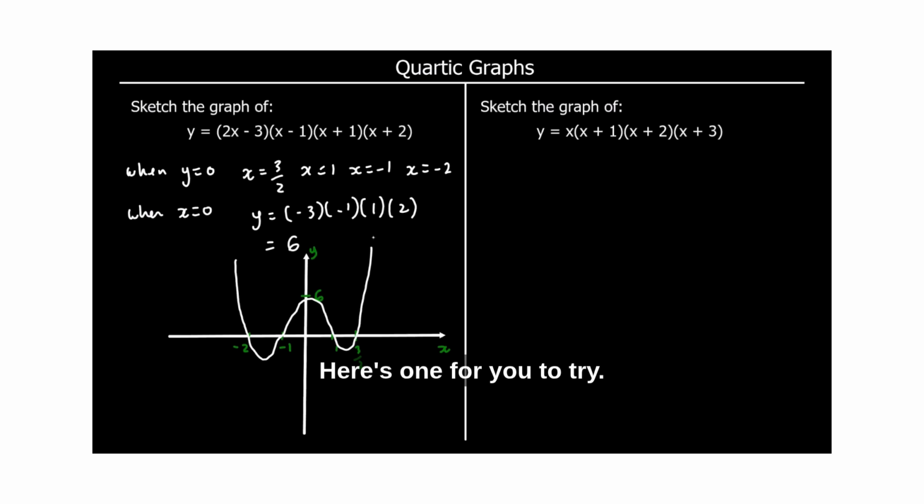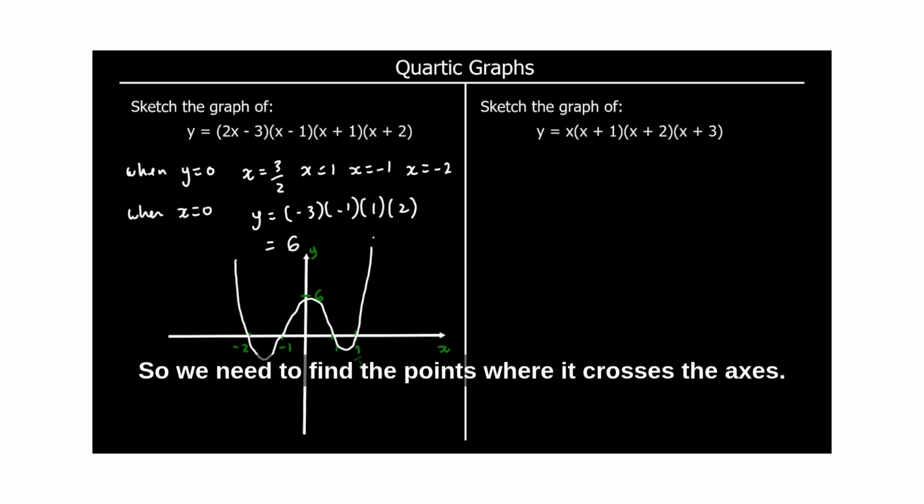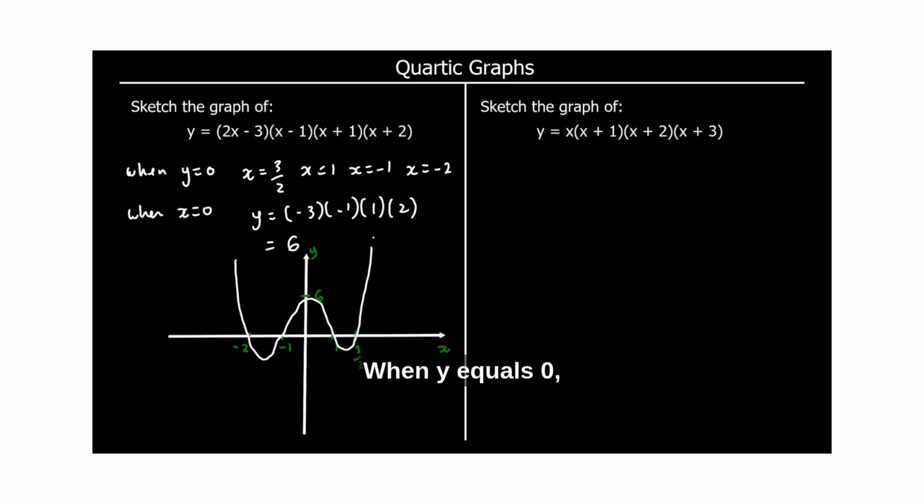Here's one for you to try. Pause the video and give it a go. So we need to find the points where it crosses the axes. When y equals 0, either x is 0, so it goes through the origin, x is -1, x is -2, or x is -3.